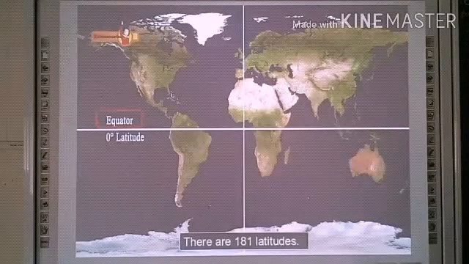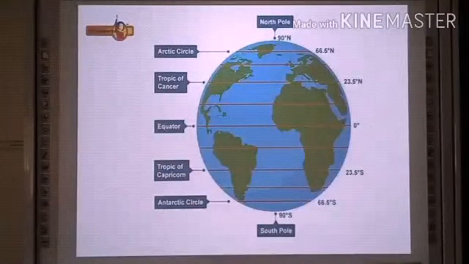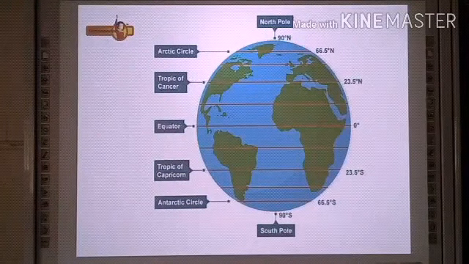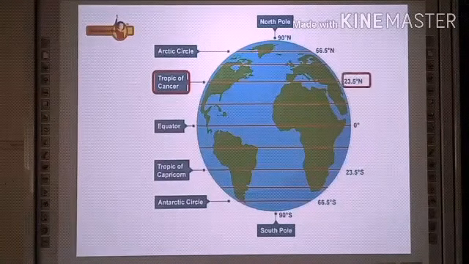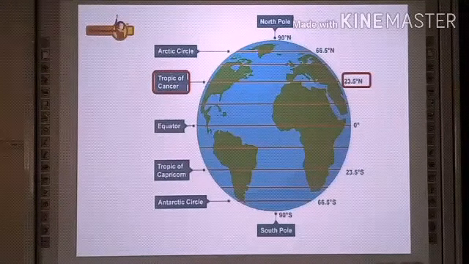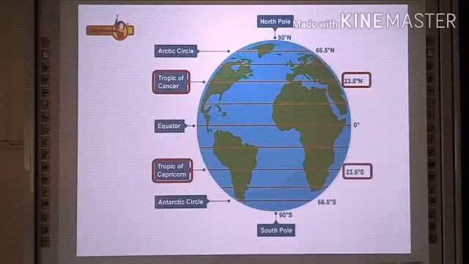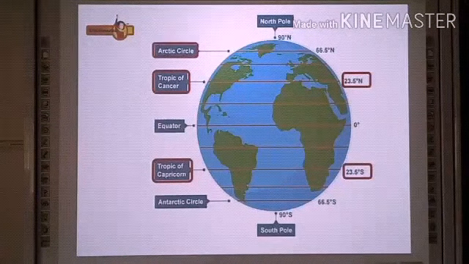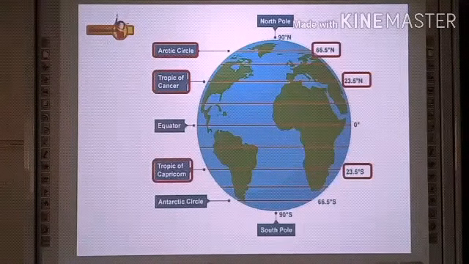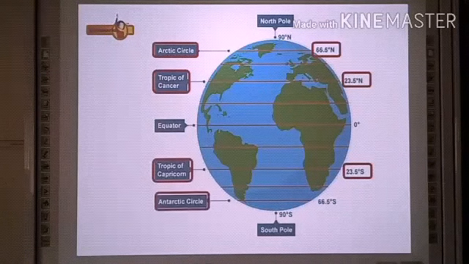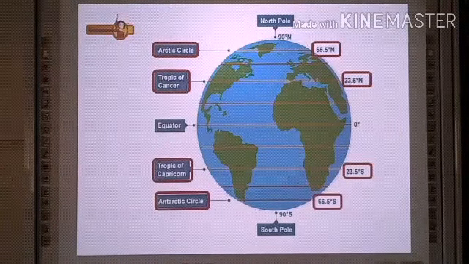Do you know that there are 4 other very important latitudes, which are Tropic of Cancer, 23.5 degrees north, Tropic of Capricorn, 23.5 degrees south, Arctic Circle, 66.5 degrees north, and Antarctic Circle, 66.5 degrees south.